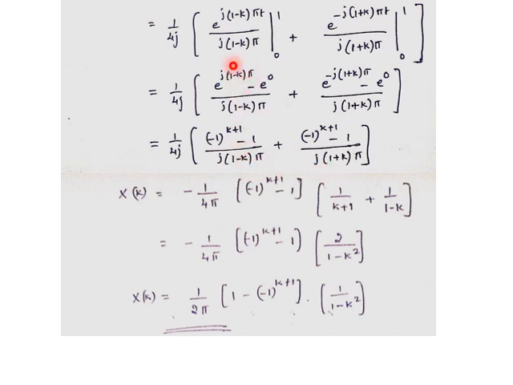But the first term, as you look at it, is e to the power j(1 minus k)π. Here also we have e to the power minus j(1 plus k)π. So if you change the k values in both cases, you get different values.